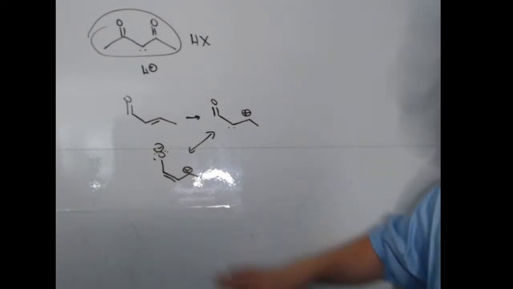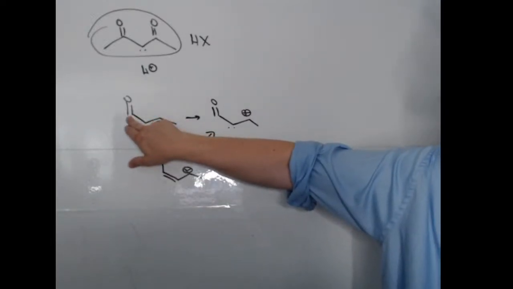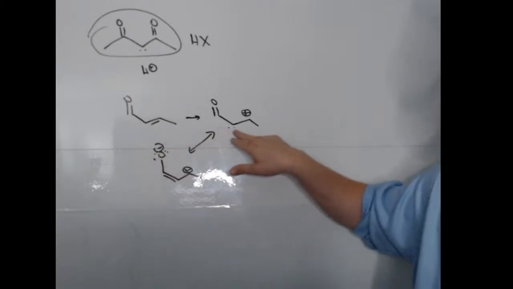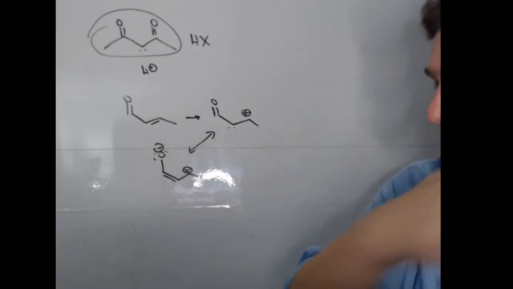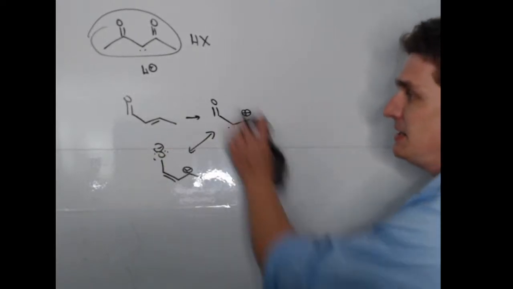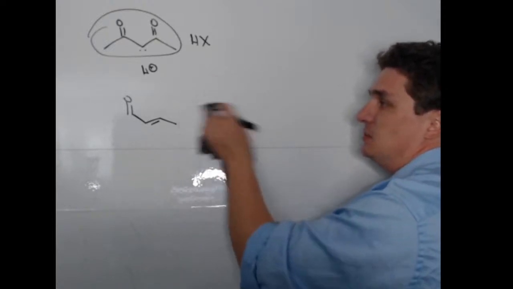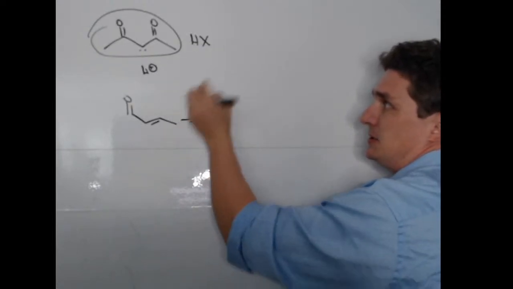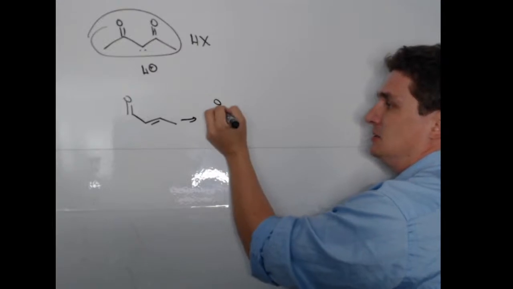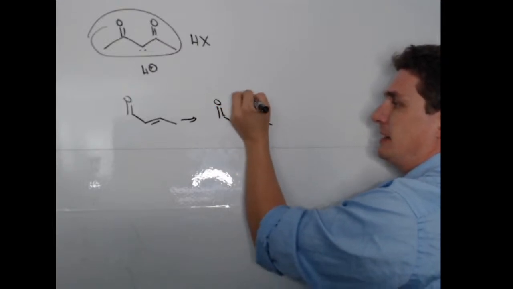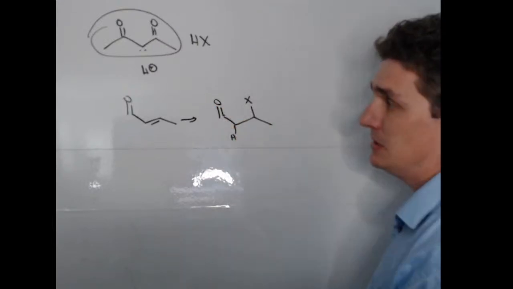So the driving force here is that you need something that's really good at pulling out electron density and really, really good at stabilizing any lone pairs that are formed here. So if I just said do an HX addition across the double bond, especially with X being very sterically hindered, you'd write that. So that's all a Michael reaction is.